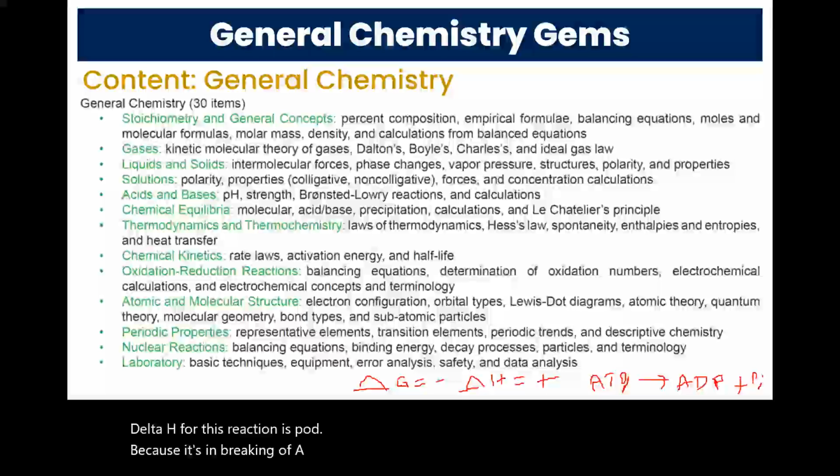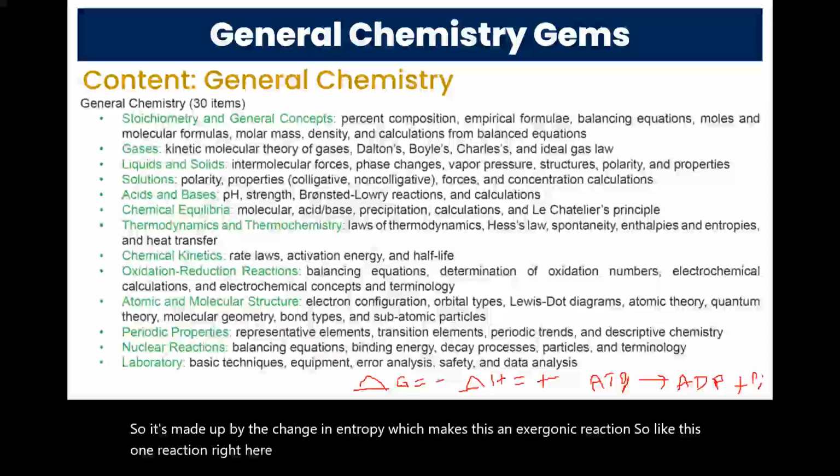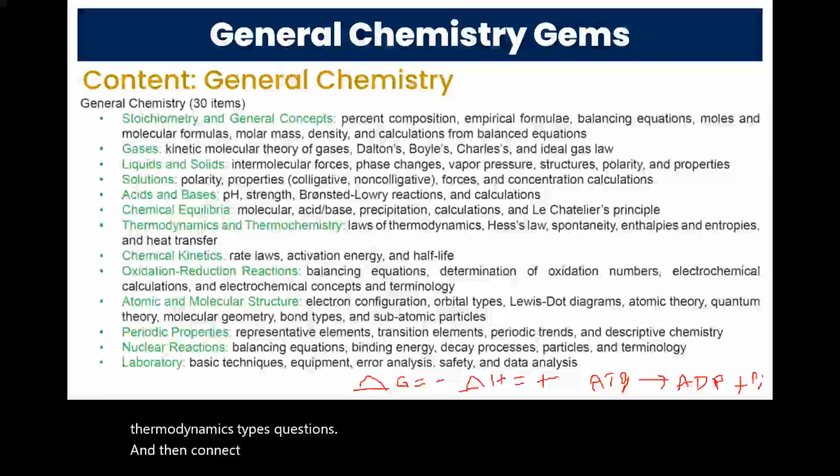You're breaking the bond to pull the phosphate away from the ATP. So it's made up for by the change in entropy, which makes this an exergonic reaction. So this one reaction encapsulates a lot of the confusion that comes about in thermodynamics questions.